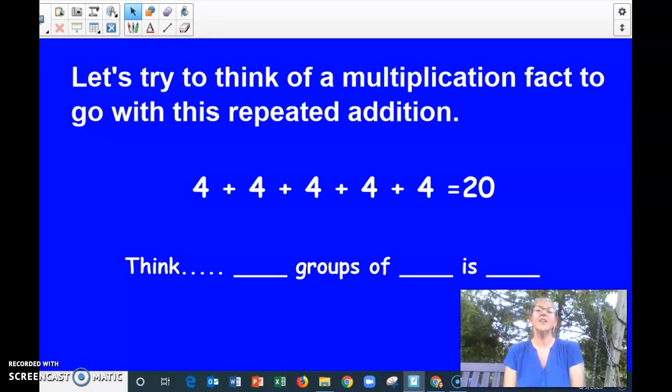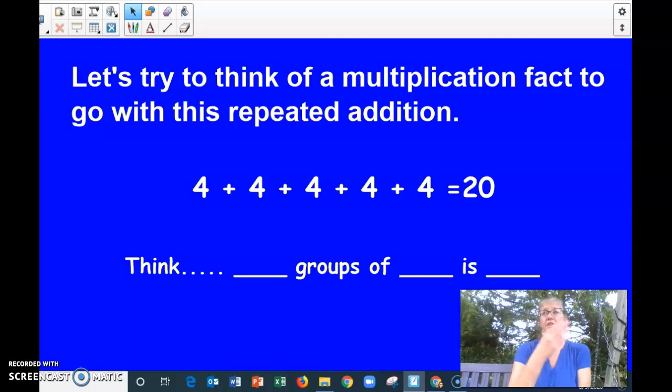So let's try to think of a multiplication fact to go with this repeated addition sentence. This is a long one, okay? If you think about what we've been doing, remember the one with the dogs. We had 5 plus 5.